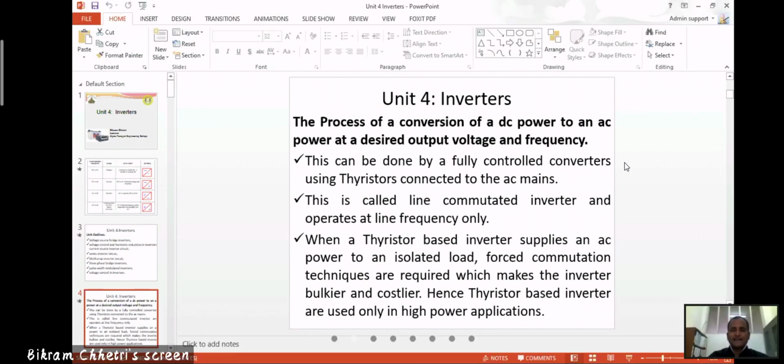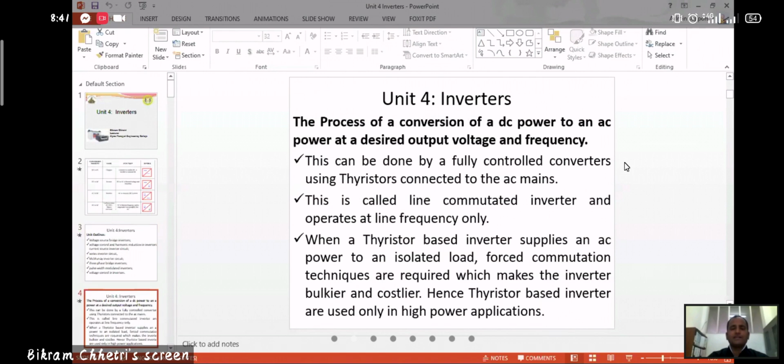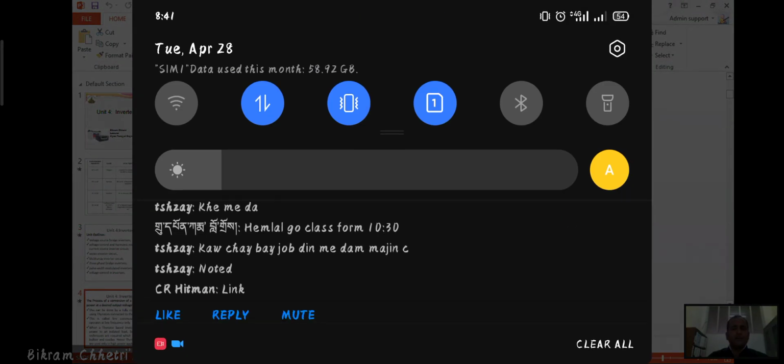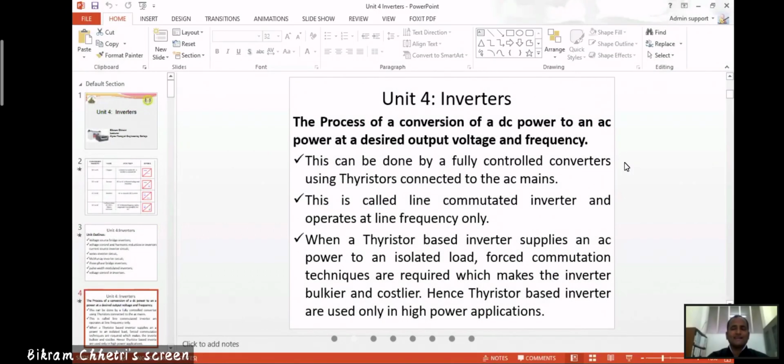This can be done by a fully controlled converter. Converting from DC to AC at a desired output voltage and frequency is done by a controlled converter using thyristors connected to the AC mains. It means you have control over these converters by using thyristors.